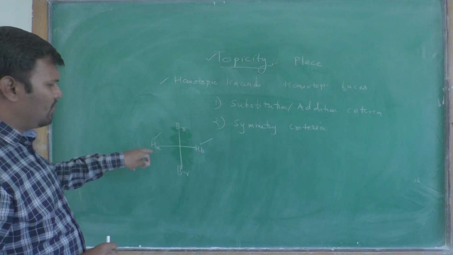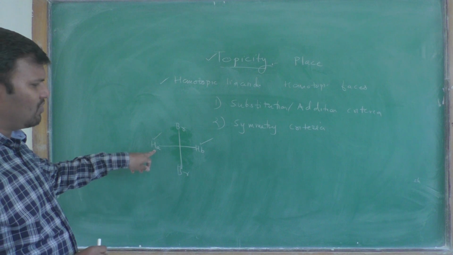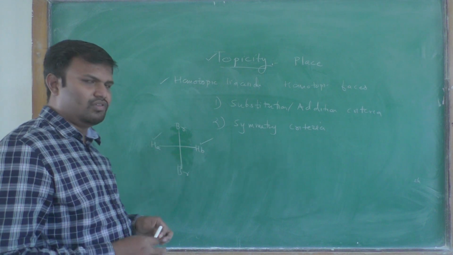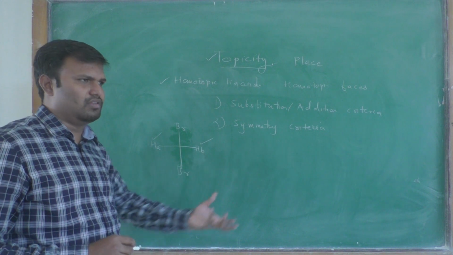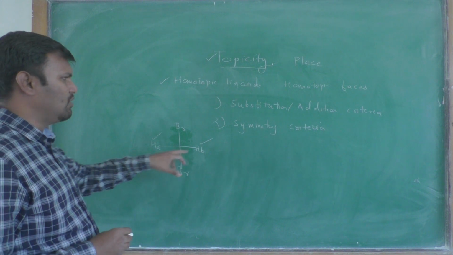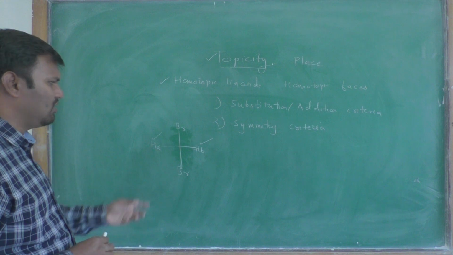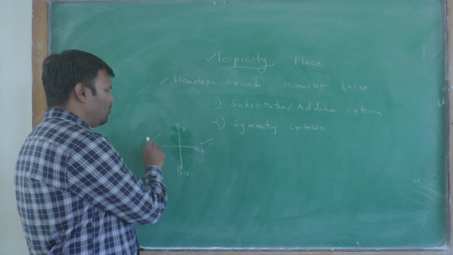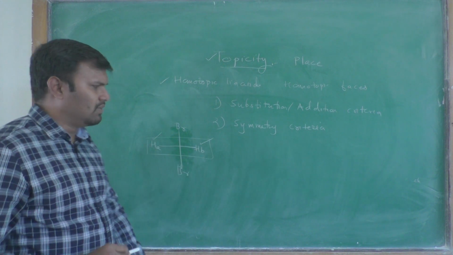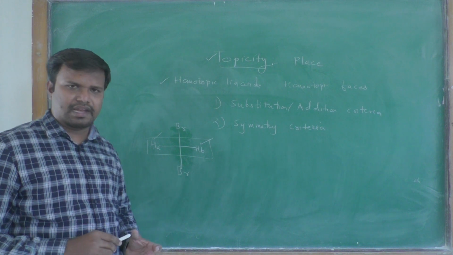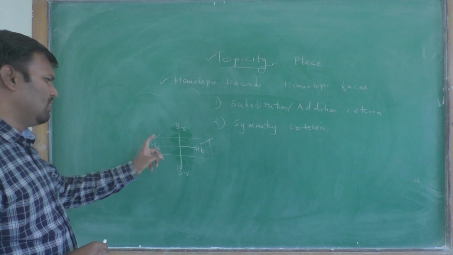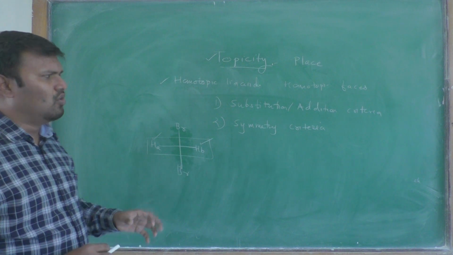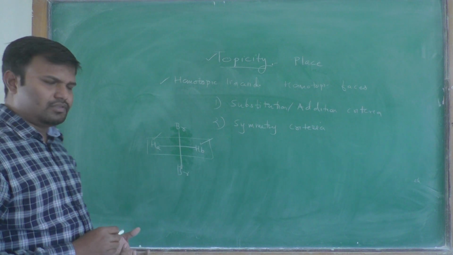When you replace HA with deuterium or HB with deuterium, it gives the same product. Therefore, by using the substitution criteria, we can predict that these two atoms are homotopic ligands, homotopic groups or homotopic atoms.